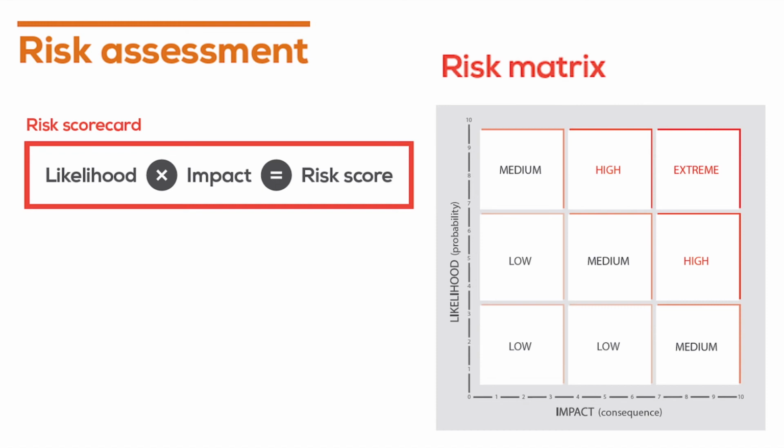On the x-axis we have the consequences or impact or the cost, rated from 0 to 10, and on the y-axis we have likelihood, probability, the chances.